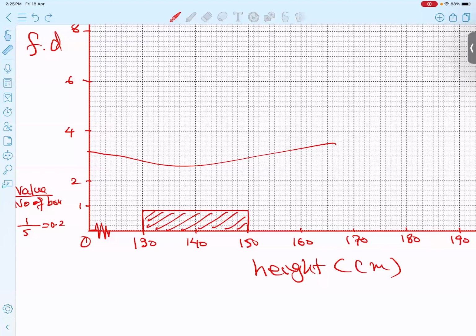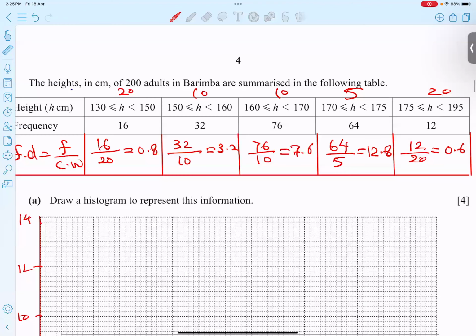Okay, and the next one, we have to start from 160 to 170, 7.6. Where is 7.6? Here: 7.2, 7.4, and 7.6. Okay, done, and we have to go till 170.